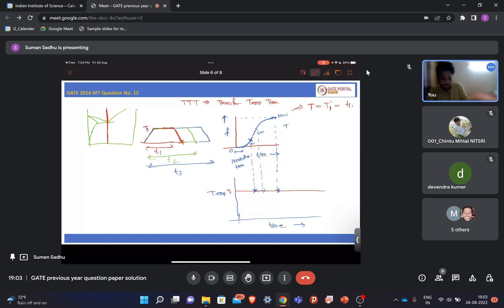Now if you do for different temperatures, let's say again this set of experiment you will repeat for another temperature, say T2. Now this time you will hold at T2. So let's say T2 is lower than T1, and this is T2, T1, T3.